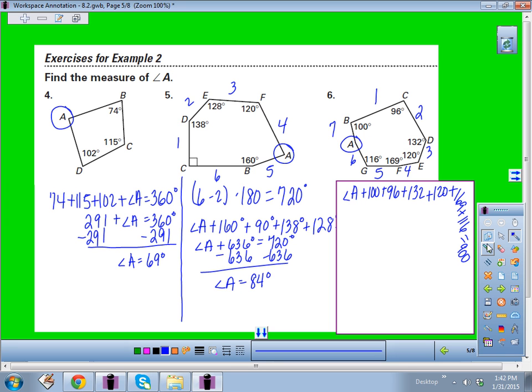I'm going to add all those angles together and then subtract it from 900. And so I'm getting angle A plus 167 degrees equals 900. We'll subtract 167 from each side.